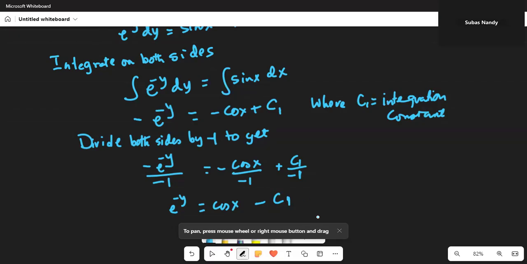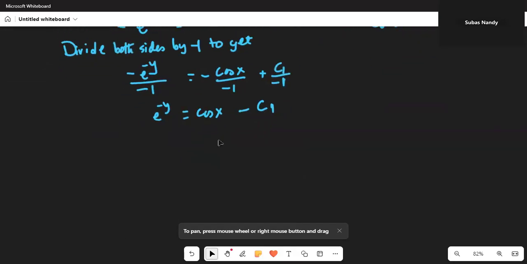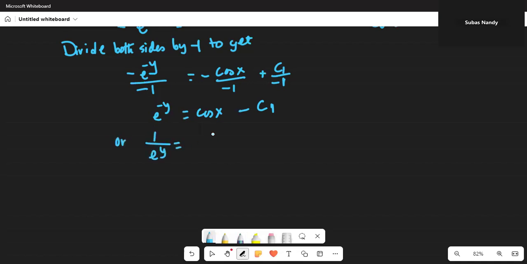If we take the inverse, or 1 over e to the power of y is equal to cosine x minus C1.